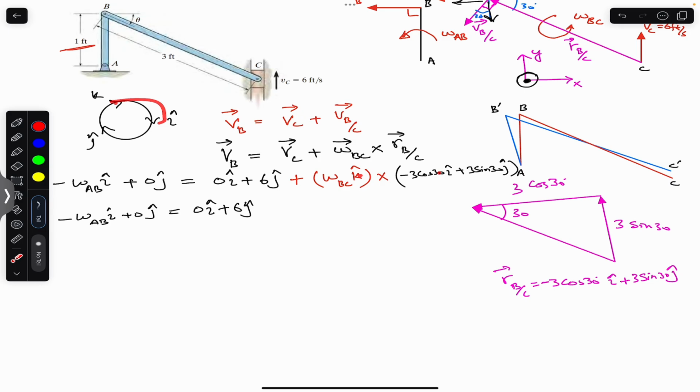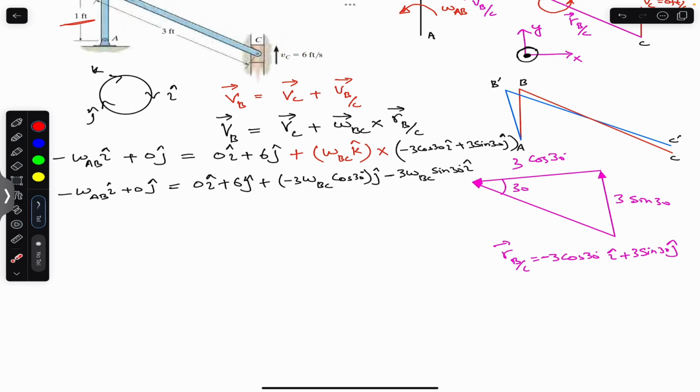So we will write minus 3 omega BC cos of 30 into plus j, and similarly this into this will be 3 omega BC sine of 30, and k cross j is minus i. So we will write this is minus 3 omega BC sine of 30 i.